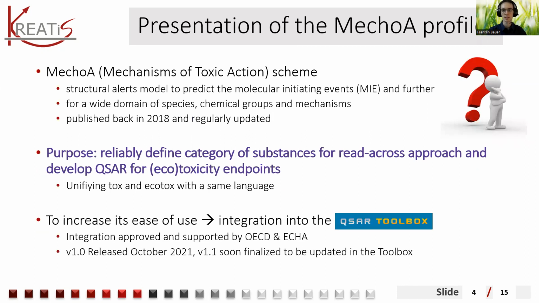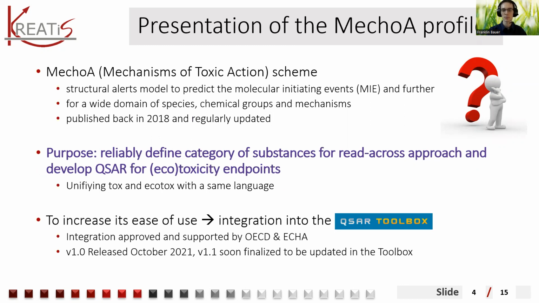KREATiS developed the MechoA scheme back in 2018 as a structural alerts model to predict the molecular initiating events, MIE in short, and further key events in the frame of adverse outcome pathways. It is built on and applies to a wide range of species, chemical groups, and mechanisms.